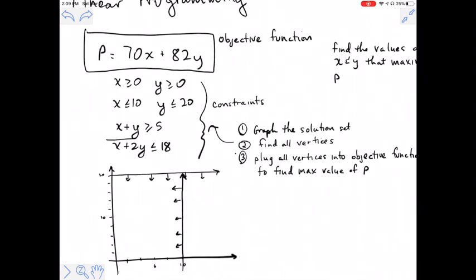So now we're to this one. X plus y is greater than or equal to 5. If I let x equal 0, then y equals 5. If I let y equal 0, then x equals 5. So the x and y intercepts for that one are both 5.